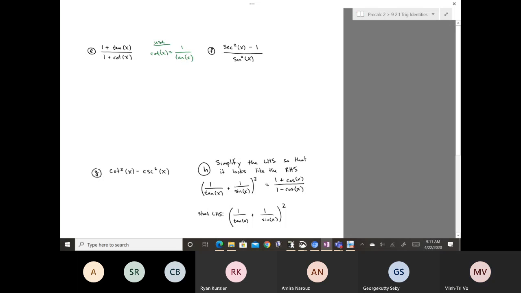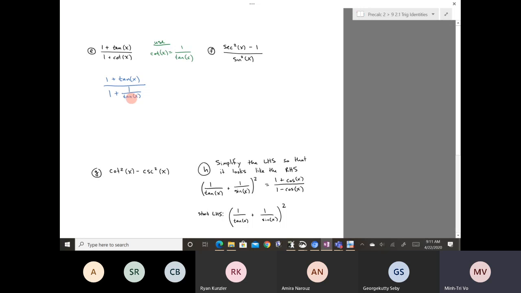Okay, so let's write it out. What do we have? The numerator stays the same because it's already tangent. And now I can write the denominator in terms of tangent. So now I have 1 plus tangent over 1 plus 1 over tangent.